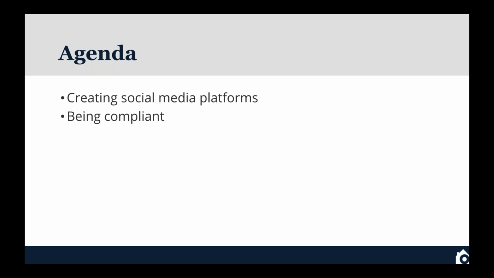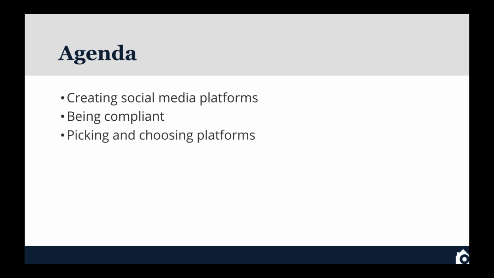One of the first things we're going to talk about today is creating social media platforms in itself. There are a couple of ways to create these platforms, and some might be the same, others might have a little difference. The next thing is being compliant: how can we stay within the compliance rules when creating these platforms or using these social networks?